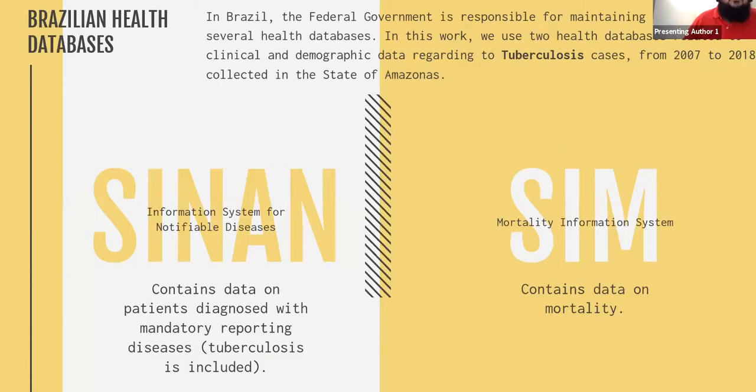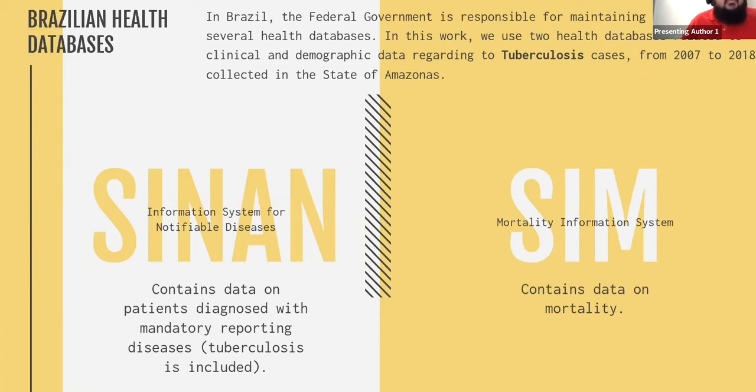In Brazil, the federal government is responsible for maintaining and updating several health databases. In this work, we use two health databases related to clinical and demographic data regarding tuberculosis cases from 2007 to 2018, collected in the state of Amazonas.